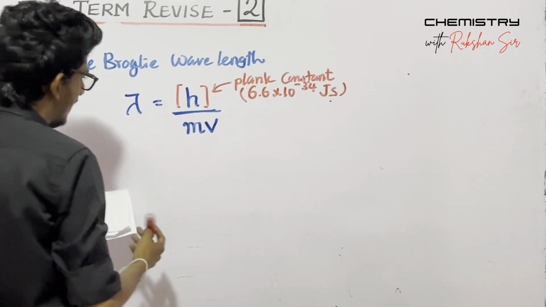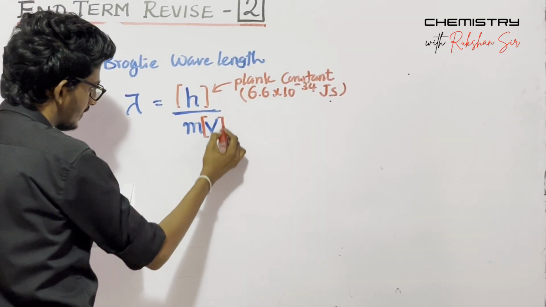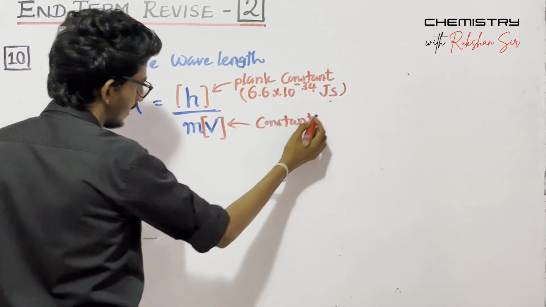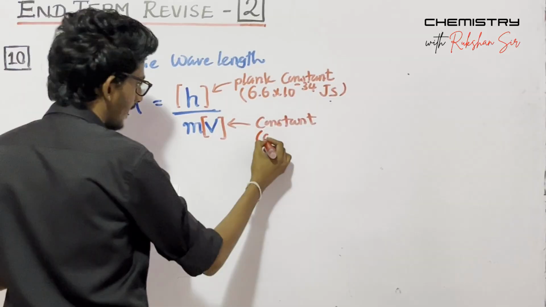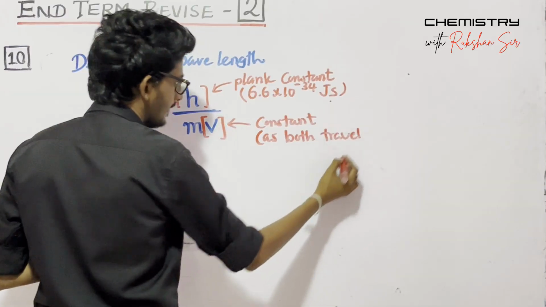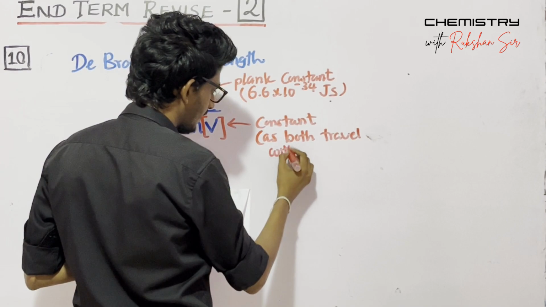So they are saying that the two particles, the proton and the electron, are traveling with the same speed. Velocity is a constant according to this question, as both travel with the same speed.